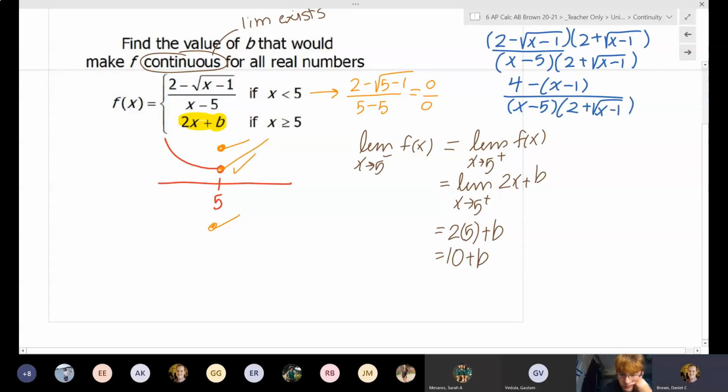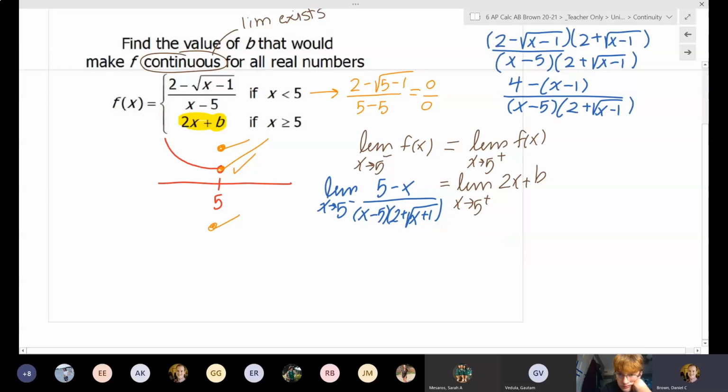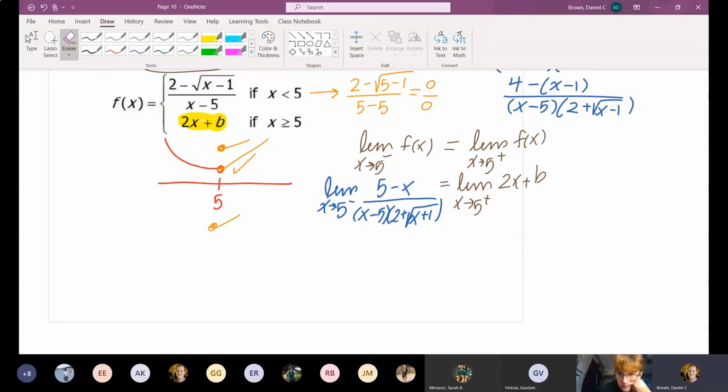And then simplifying this, I'm going to go back and squeeze it down here. So I have 4 minus x plus 1, so that's going to be a 5 minus x over x minus 5 times this portion. And we look at this, we're a little bit sad because nothing is canceling out yet, but we do see things that are very similar, so good review here.